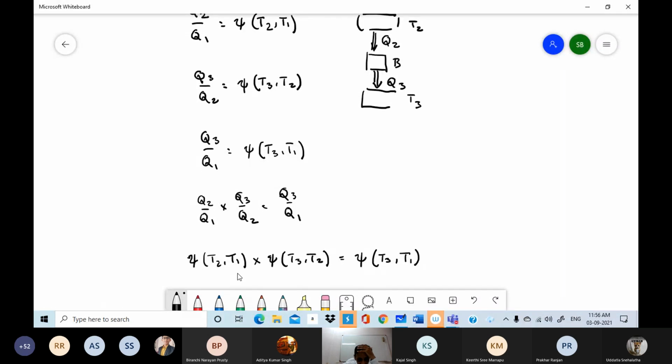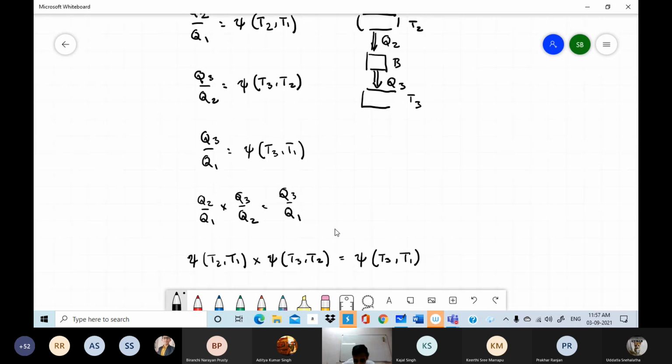So this arbitrary function psi, which must be some particular functional relation involving the two temperatures. So the psi is some arbitrary function, but it must have a certain form, how it depends on TL and TH.